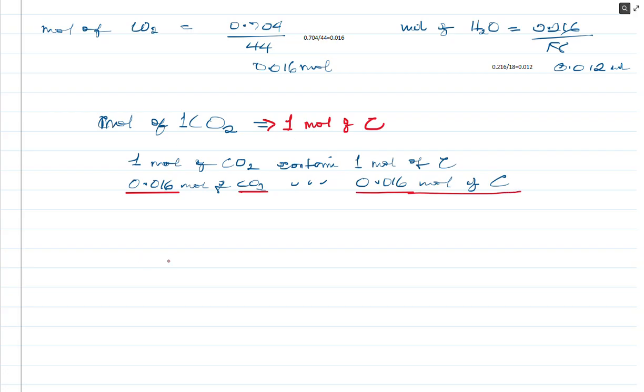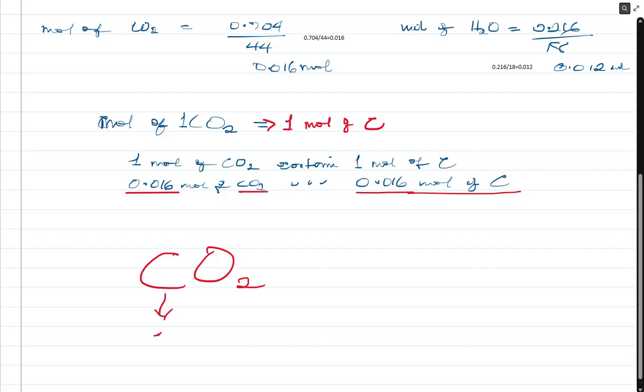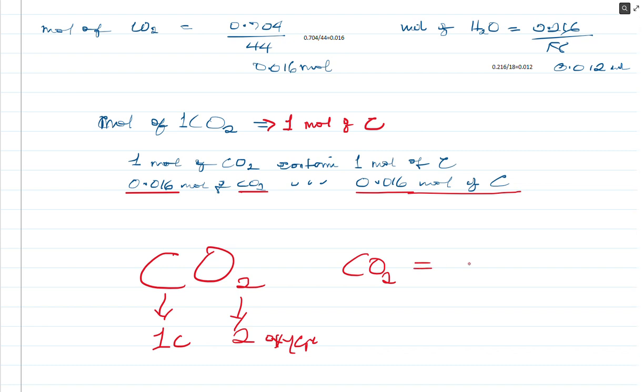So on our side we write CO2 like this: 1 carbon and 2 oxygen. The mole of CO2 is 0.016, so the mole of carbon here is 0.016, and the mole of oxygen is 0.016 times 2.